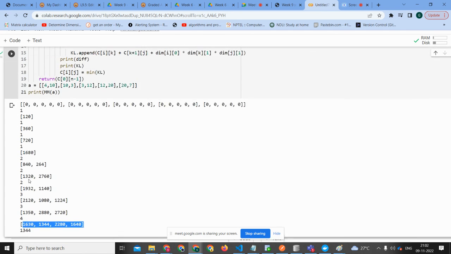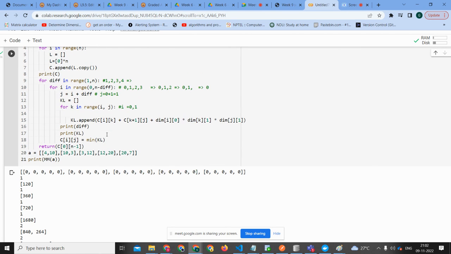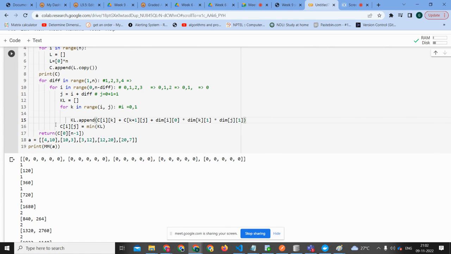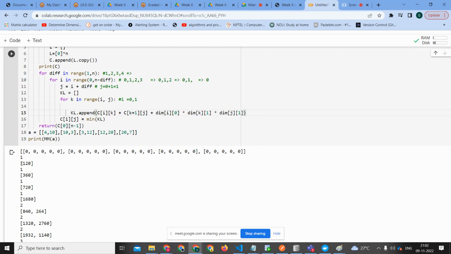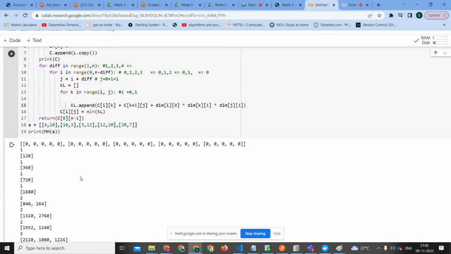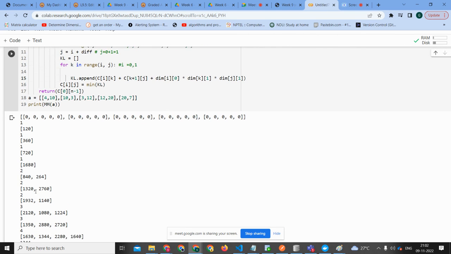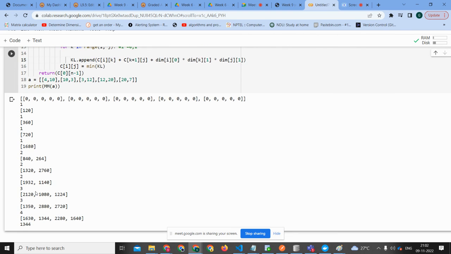Not at the end. After multiplying two matrices, they are checking the minimum from 120, 360 and 720. And then we proceed for combinations of three matrices. Like two we did, then three, then four.